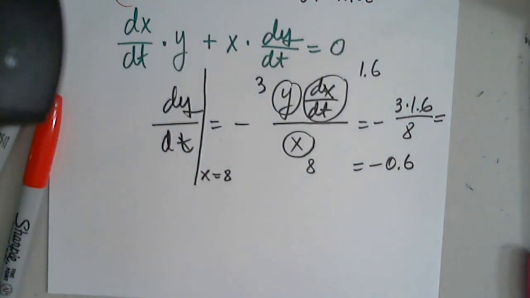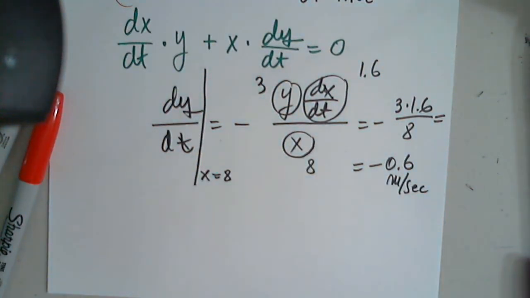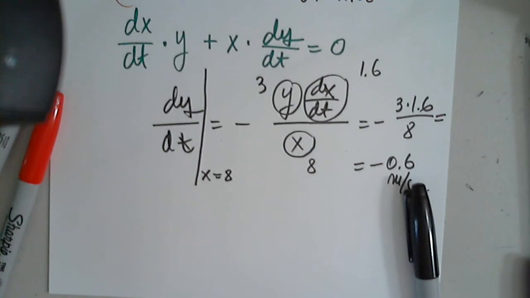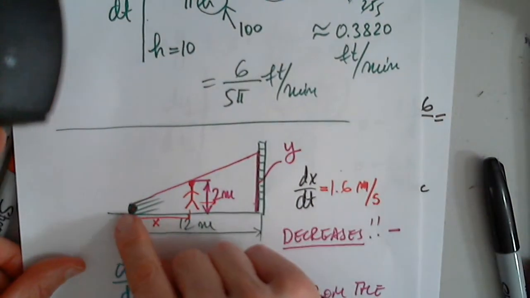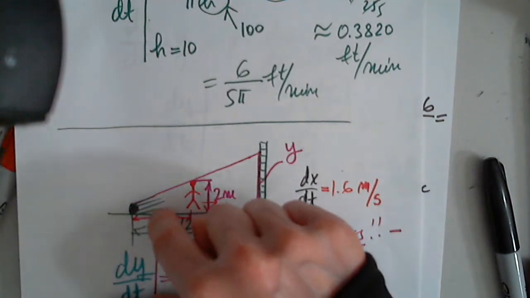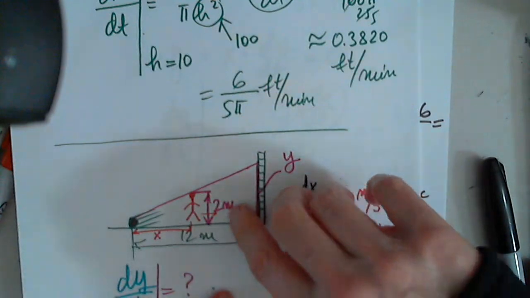Yeah, this is 3 over 8, of course. Measurement unit, please. Meters per second. Very good. So this means that when the person is 8 meters away from the spotlight, right here, let's say, or here, doesn't matter.